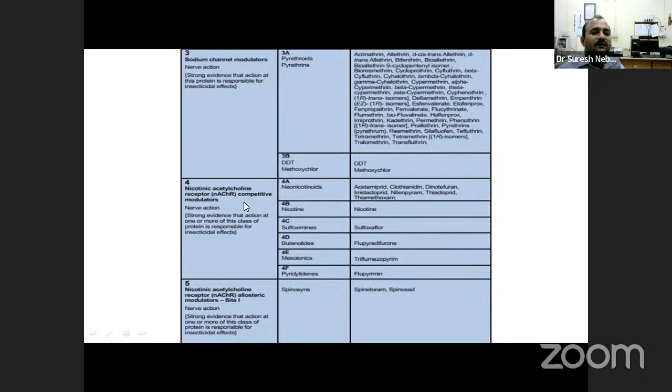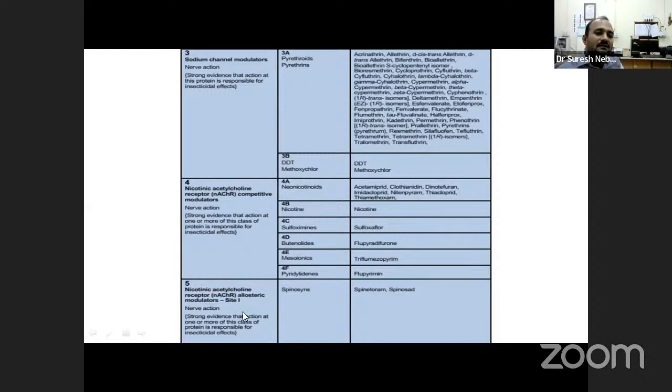In short, because it is not possible to explain everything here: a competitive modulator means the molecule you are using competes with the natural neurotransmitters or molecules to bind to a particular receptor. They are competing because they attach at the same site in the receptor.